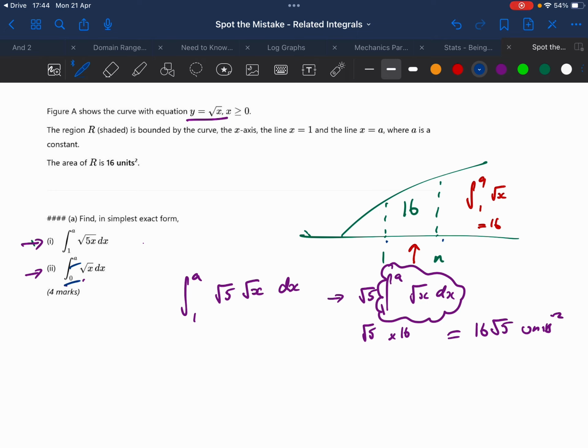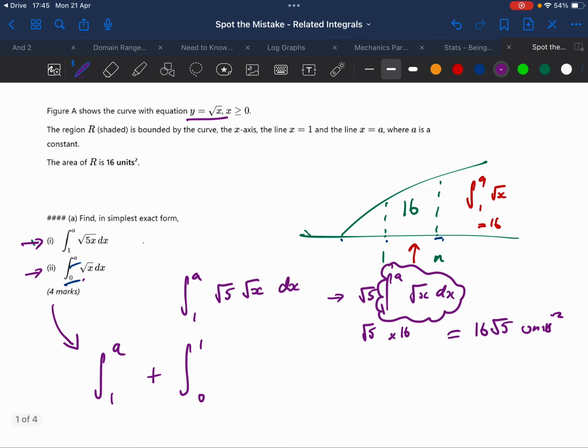We were doing 1 to a, and this one is 0 to a, so this is a little bit more. One way we could answer this, depending slightly on the nature of the question, is to say that from a to 0 is the same as a to 1 plus 1 to 0 of the same thing.